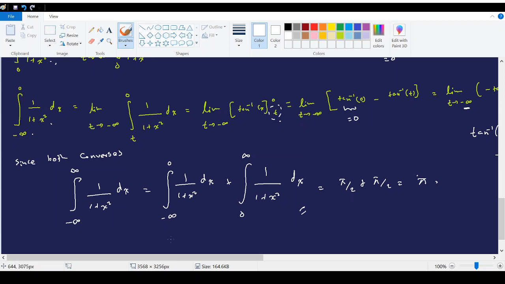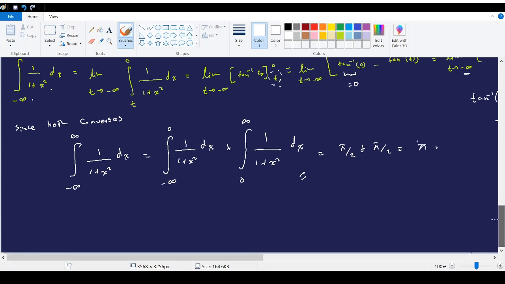See, now for this function we are actually computing the area from negative infinity to positive infinity, but still it is a finite value. These are very interesting results. If you plot this graph, it will be something like this. It's kind of symmetric.